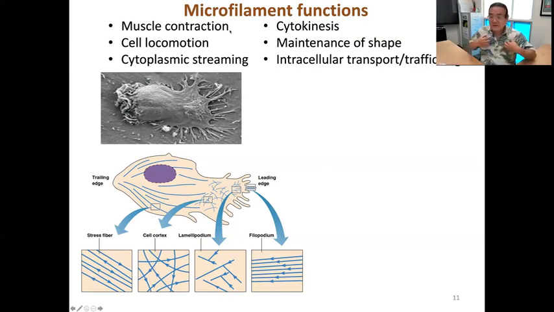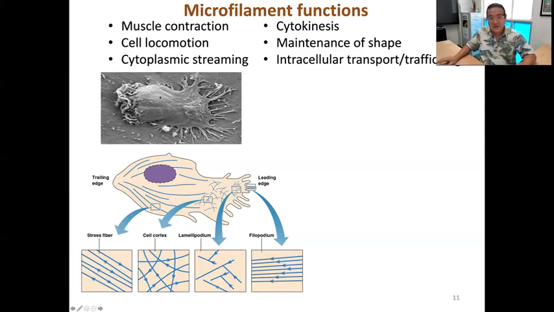That's why the filaments that make up our skeletal muscle cells, right, are these actin microfilaments, right? That's why when they catch on each other, you're able to actually contract your muscles, right? And then when you release them, you release your muscles.